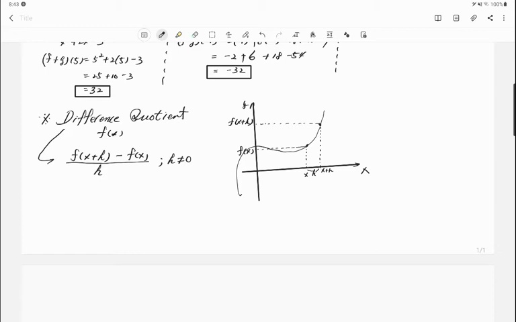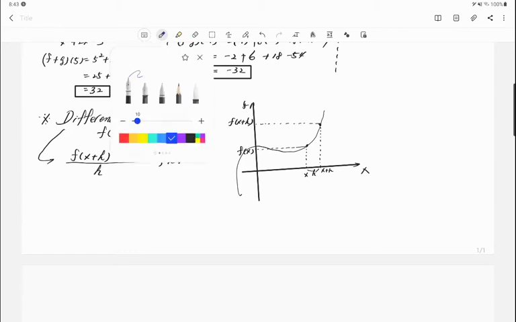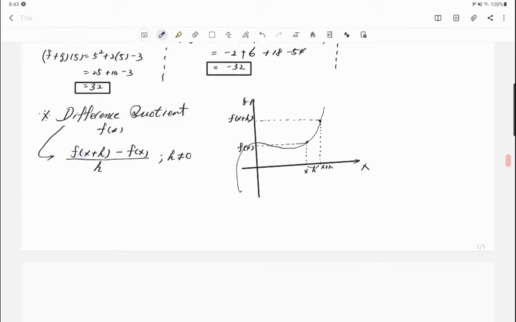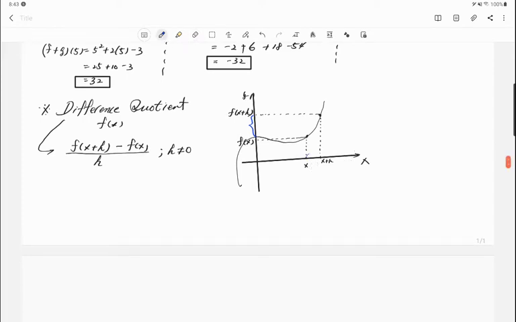Look at the numerator. The numerator is the difference between these two, right? That's the numerator. And this is h, right? Let me rewrite it. So if you draw a horizontal and vertical line and connect these two points, it's a right triangle, right?